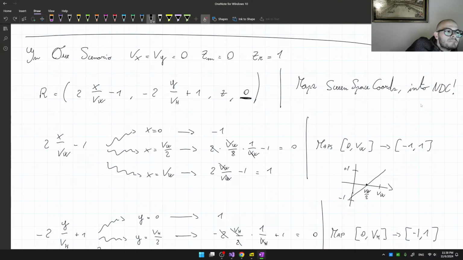But the projection matrix outputs, it's a transform that outputs points in clip space, which is not for the orthographic projection.